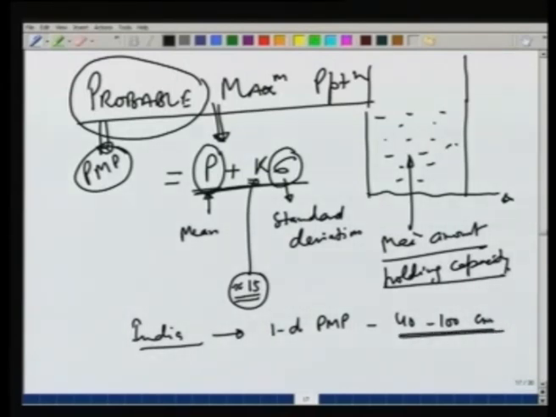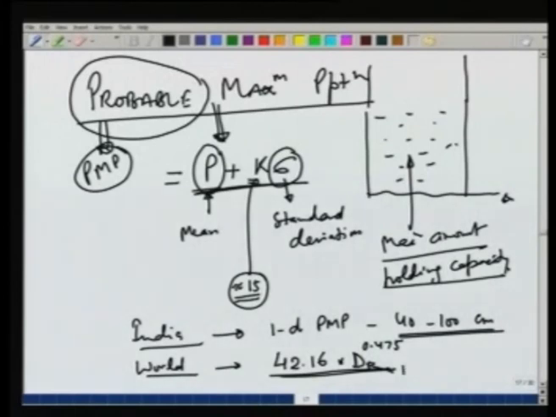centimeters, and for all over the world, data from all over the world has been collected, and an equation like this has been proposed for the PMP for different durations of rain. So, for example, this is in hours.